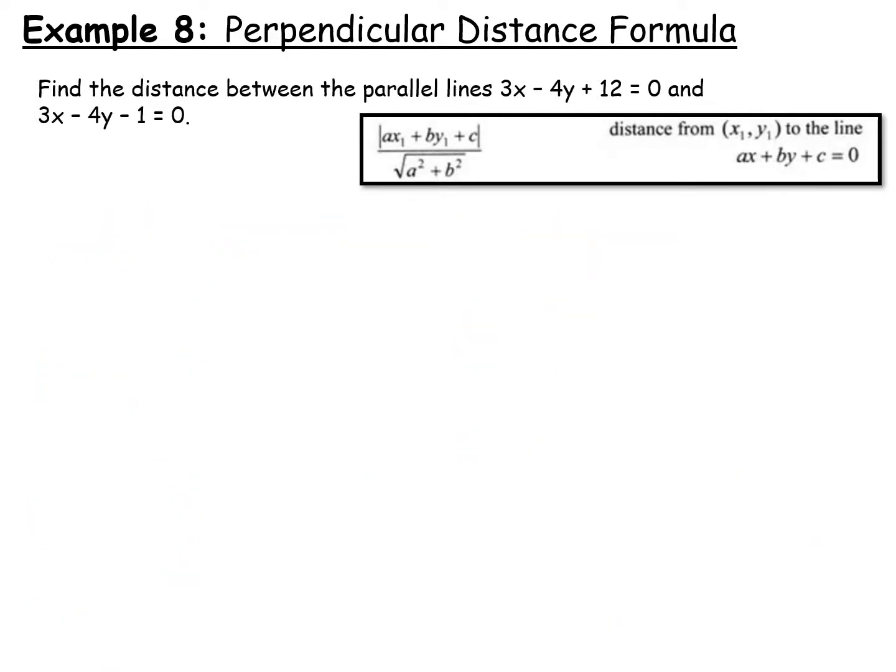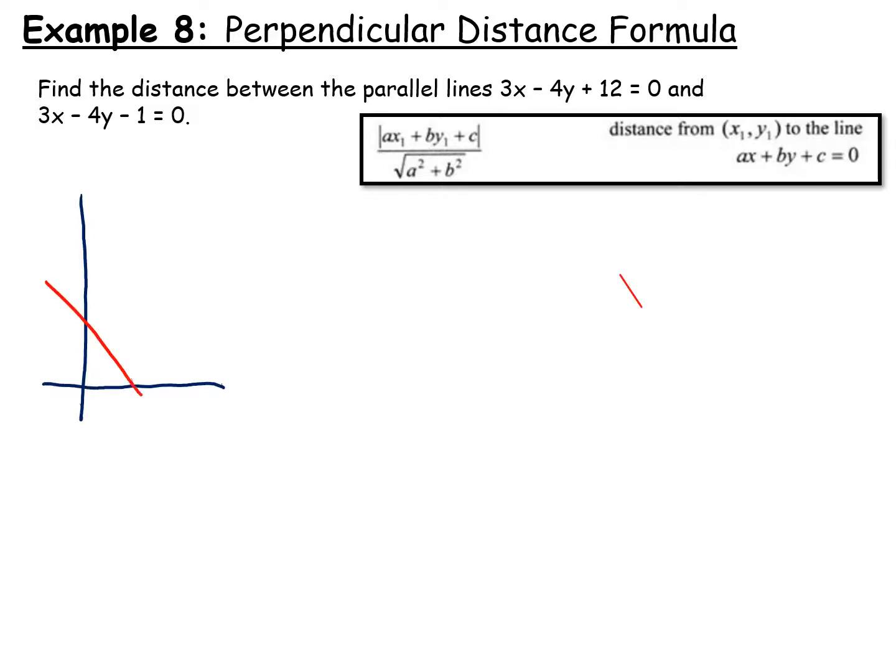So we're going to work with the perpendicular distance formula again, and this time it's asking us to find the distance between two parallel lines. Now our formula works for a point and a line. So if I have two parallel lines, one thing that I often see students do, and just to be careful, is they work through it, and it's quite clever, but be careful.